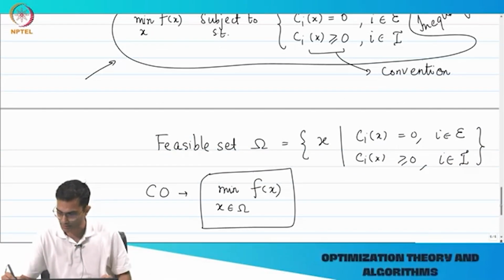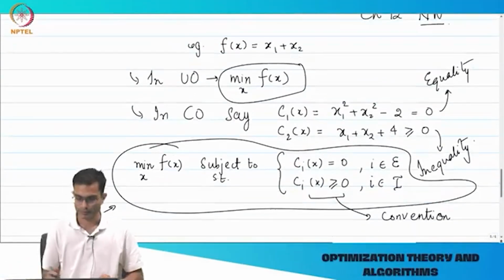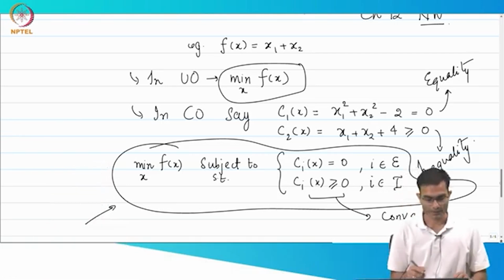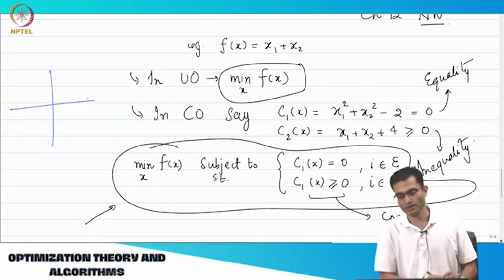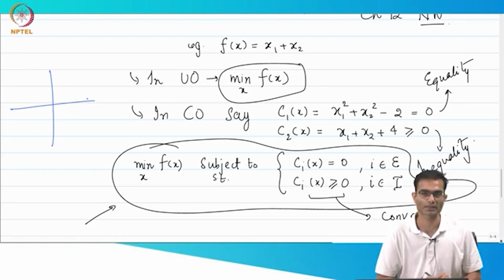Now that we have done this, let's look at these constraints a little bit. These couple of constraints that we have got, let's sketch them. The first constraint is an equality constraint. C1x is equal to 0, which we said is the locus of a circle centered at the origin.